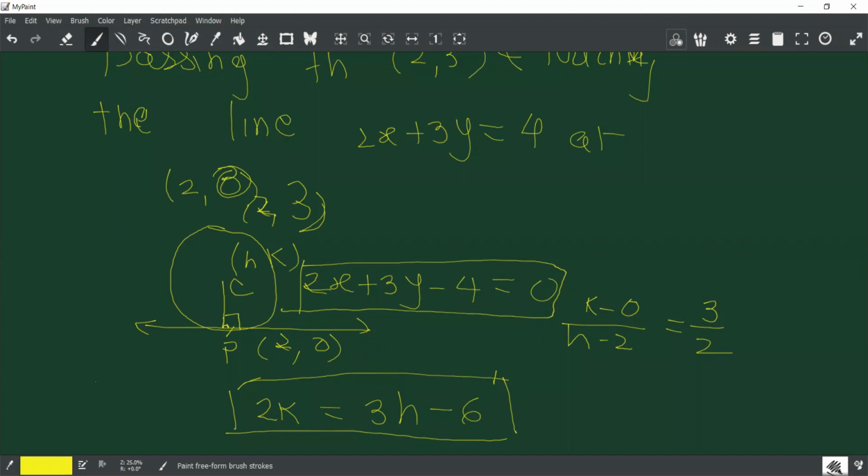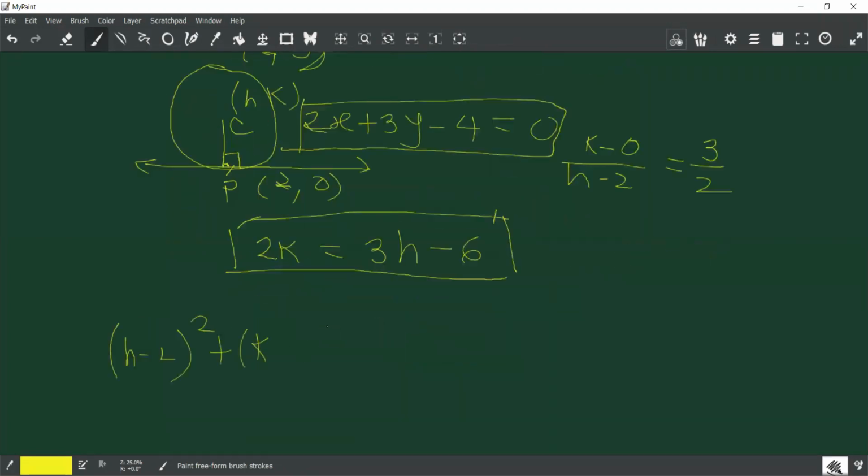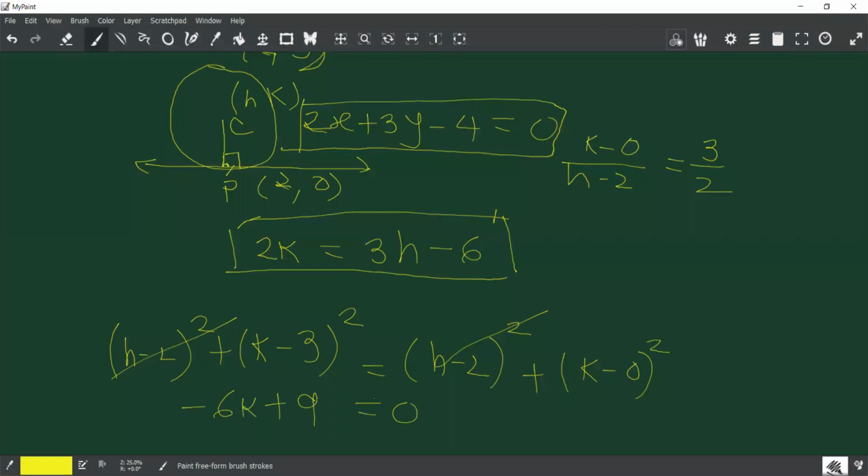Did you apply the distance formula? That is, h minus 2 the whole square plus k minus 3 the whole square is equal to h minus 2 the whole square plus k minus 0 the whole square. So don't open this bracket at all. This straight cancels, so k square will also cancel. So minus 6k plus 9 is equal to 0.